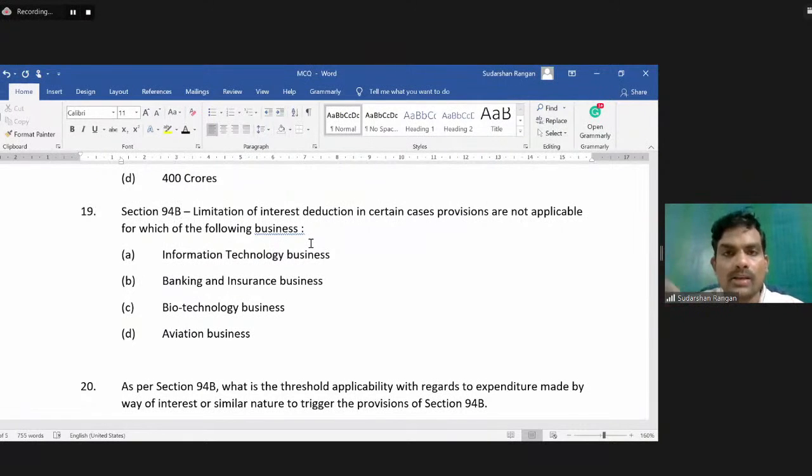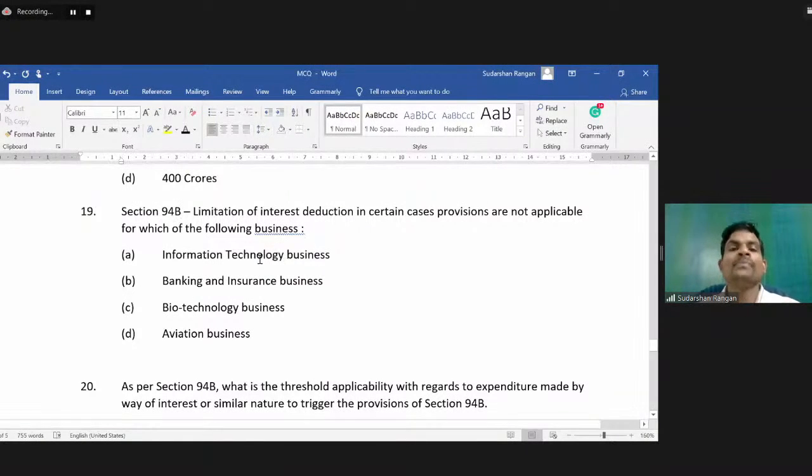This is kind of a base erosion happening. For that, thin capitalization rules were introduced, wherein up to 30% of your EBITDA is the maximum interest you can claim. Anything above that will be disallowed under section 94B.